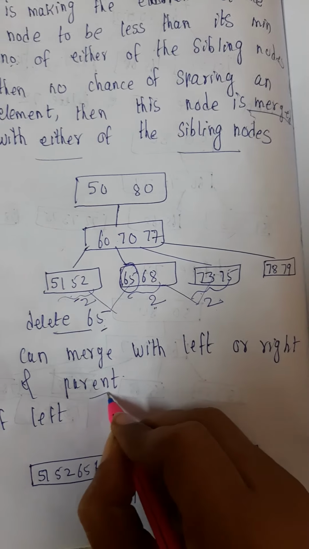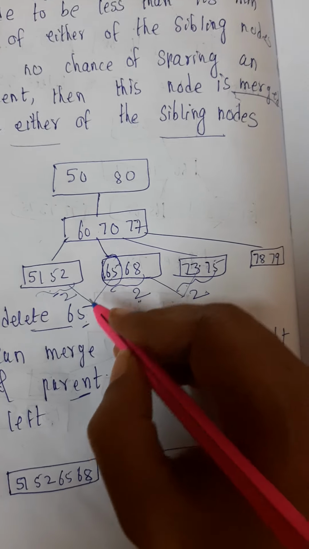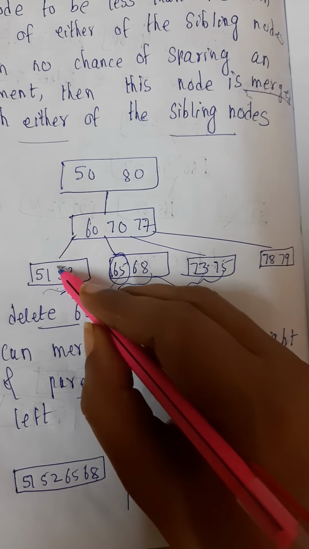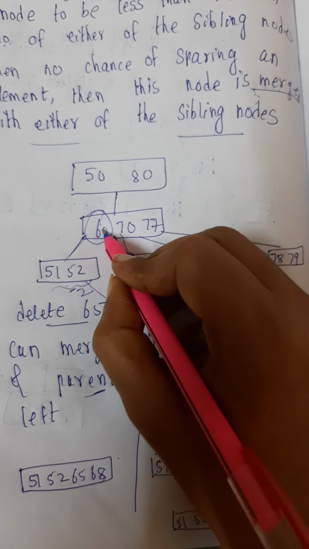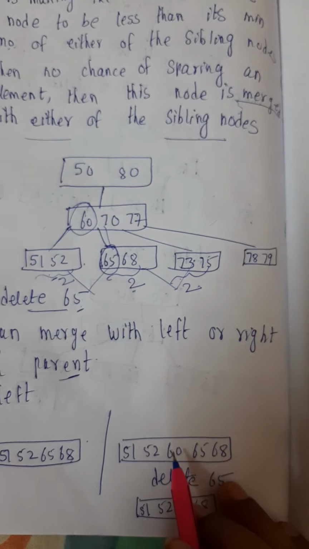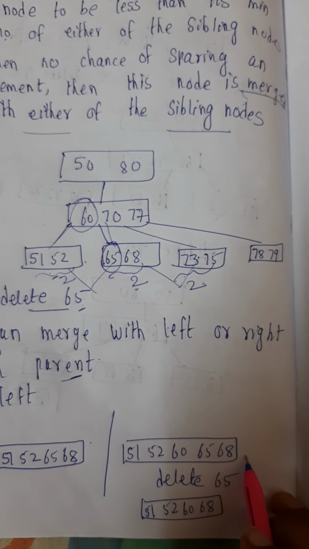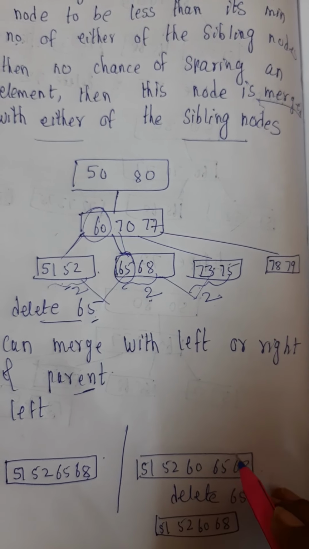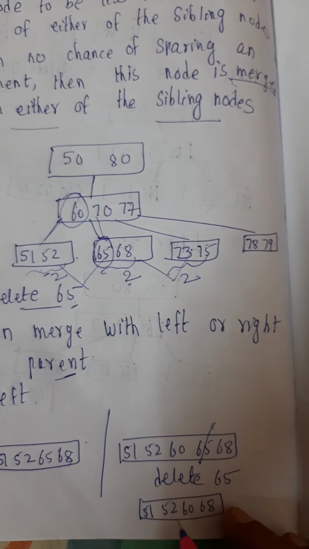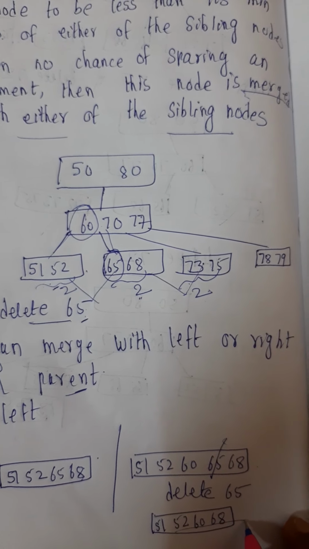Now we have to merge with the parent also. Between this node and this node, the middle is 60. Now this 60 will also come down here. After it comes down, you delete 65. Now, this is what you have.